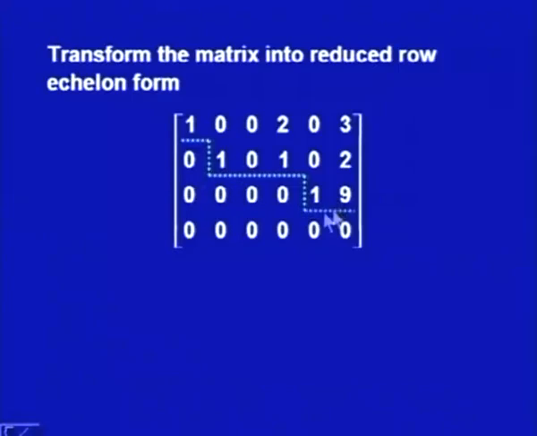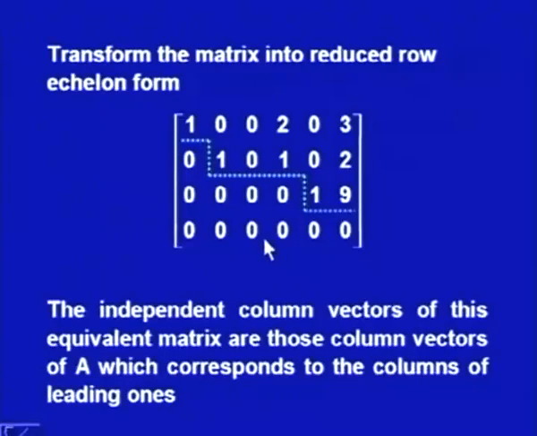Now, this matrix has some number of rows as 0 and the rest of the rows will have this pattern. So, non-zero elements in this matrix will have this staircase pattern. Once we have obtained row echelon form, we try to find the independent column vectors of this equivalent matrix. These are those column vectors of A which correspond to the columns of leading ones.